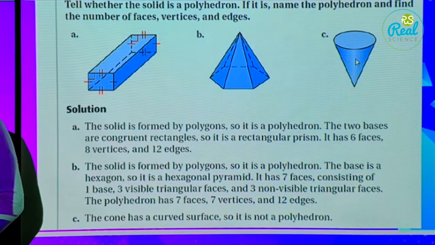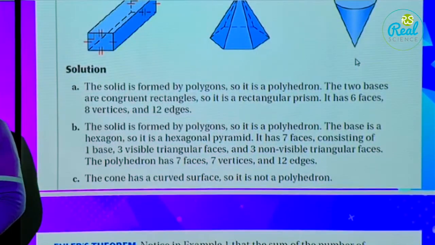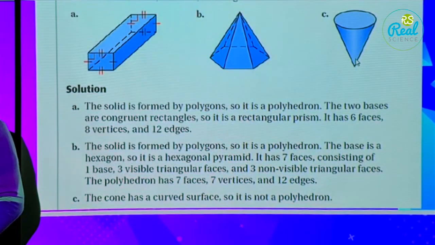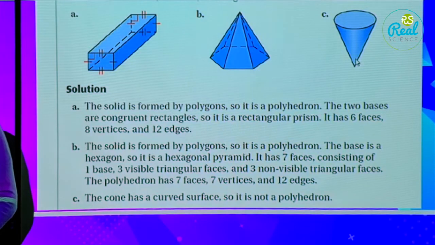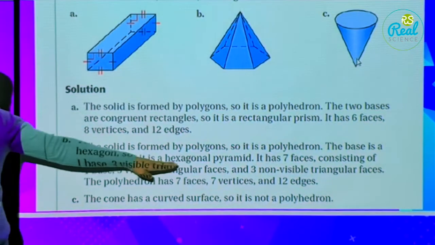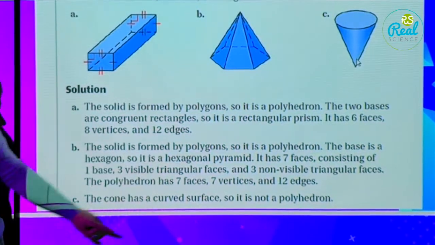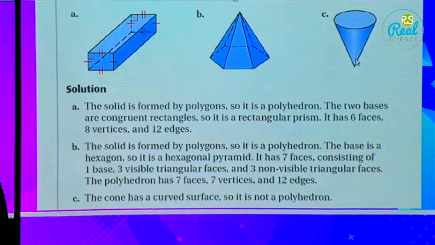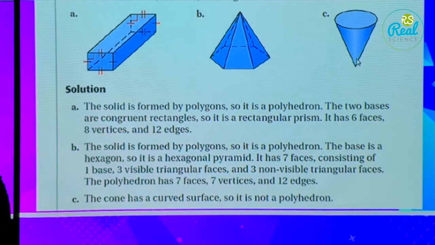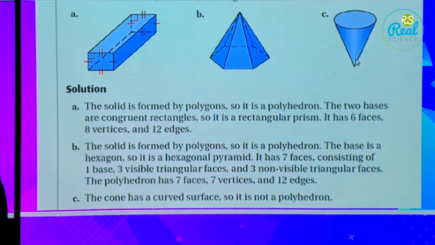So B1. The solid is formed by polygons, so it's a polyhedron. The base is a hexagon, so it's a hexagonal pyramid, yeah? It has 7 faces: one base, 3 visible triangular faces, yeah? And 3 non-visible triangular faces.